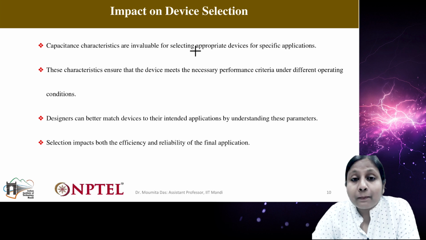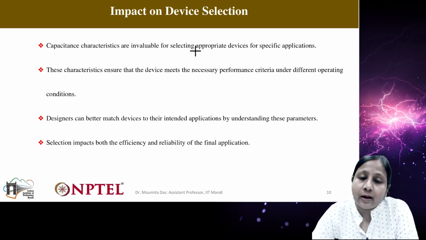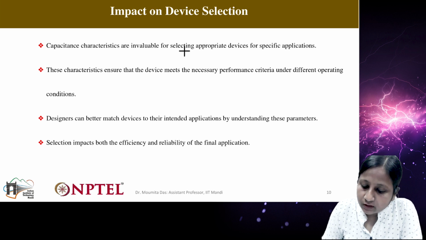So for a particular application, we probably have to limit these parasitic capacitances, and then we have to choose the devices which have lower values of these parasitic capacitances. That is why the specific application is very important here.